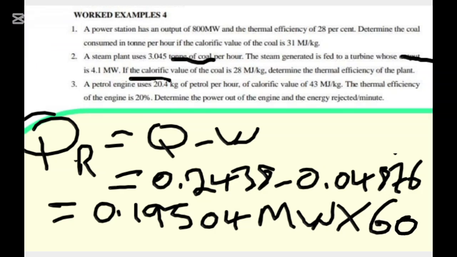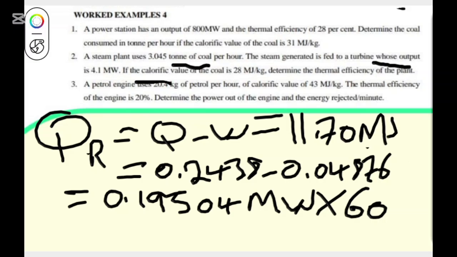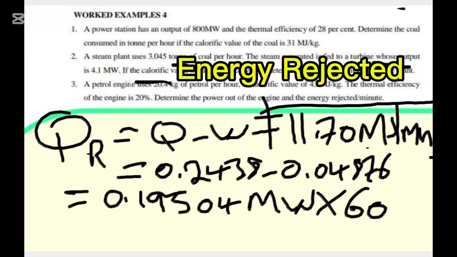So at the end, the energy rejected per minute should now be equal to 11.70 megajoule per minute. So this is the energy.